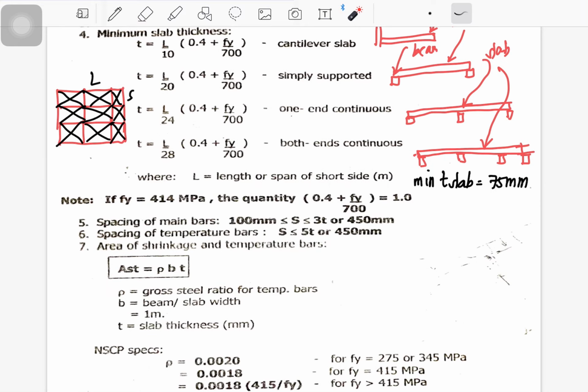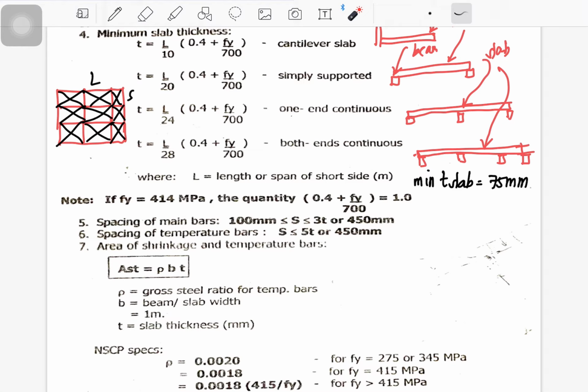Next is the spacing of the main bars. The spacing S should be greater than or equal to 100 mm, but less than 3 times the thickness, or 450.